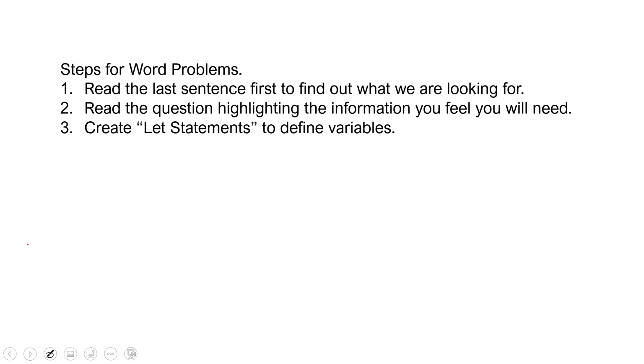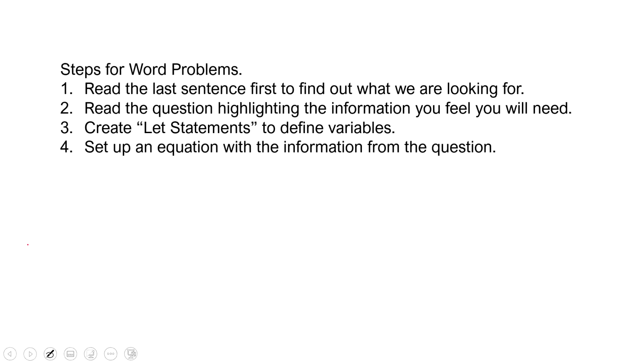So it's going to be let x equal whatever, let x plus 4 equal whatever, however the statements are working out, so that we can define what we're doing. Then you have to set up the equation. We have to write a statement in math terms that simplifies the word problem down into a math equation. The next thing you have to do is solve that equation.